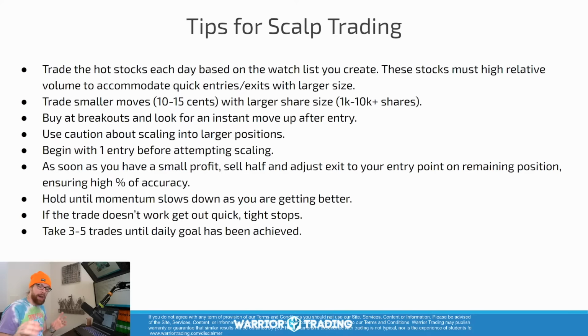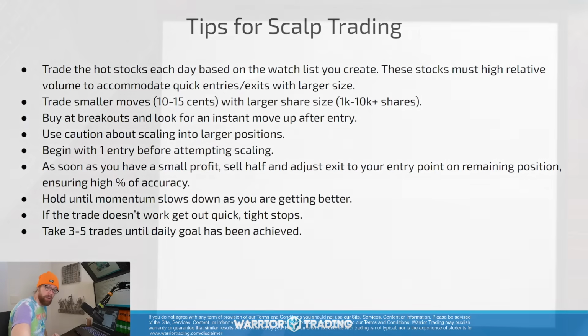And this is where, as a scalper, you do carry a little bit more risk, because essentially what you're doing is you're trying to profit on a relatively small move in the stock. And the only way you can profit on a relatively small move in the stock is if you take a bigger position. Right? So, let's just do the math here for a second.